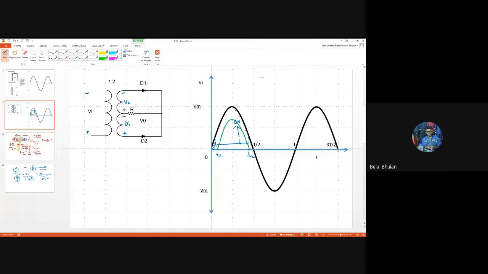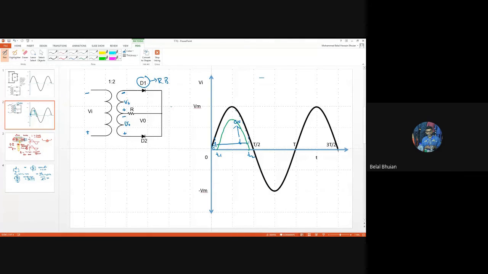So if you analyze the upper circuit and the lower circuit, you see the P side of D1 is connected to the negative terminal and the N side of D1 is connected to the positive terminal. So D1 appears to be reverse biased.